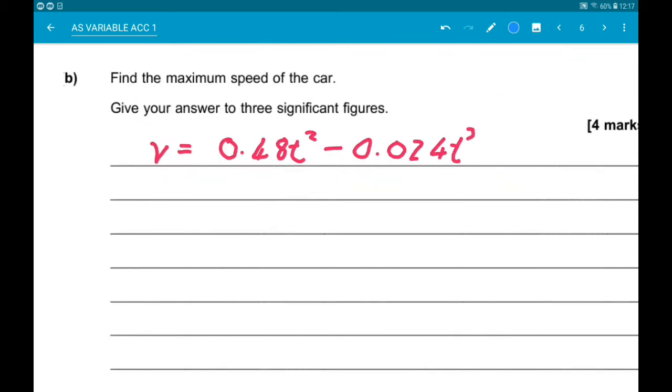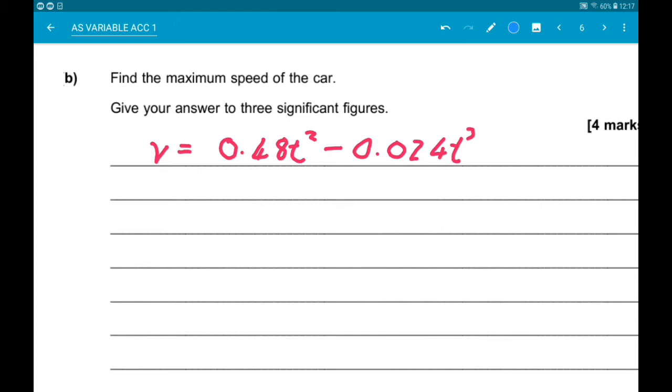Okay, now part B wants us to find the maximum speed of the car. So the maximum speed of the car happens when you've sped up as much as you can and then you can't anymore. So you are no longer accelerating. So we need acceleration equal to 0.